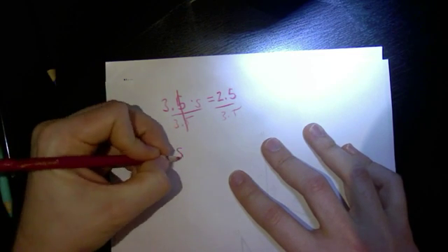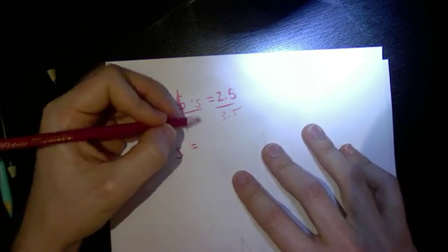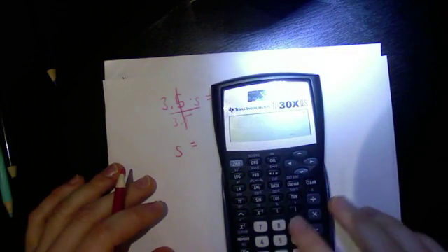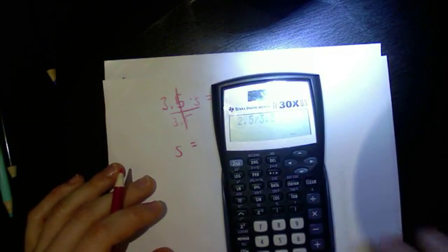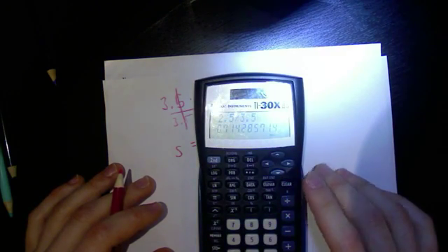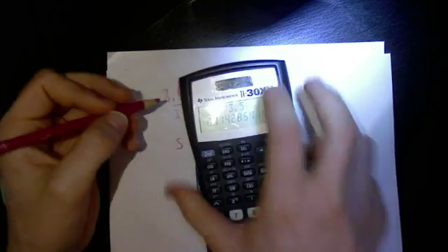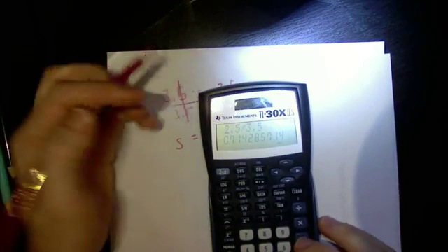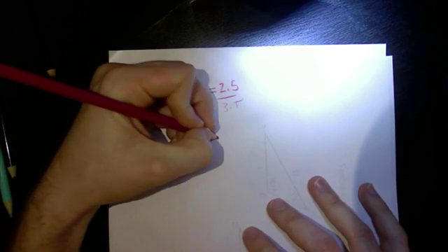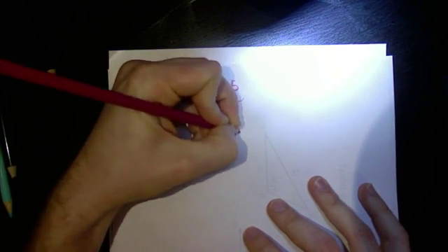I'm left with S is equal to 2.5 divided by 3.5. 2.5 divided by 3.5, I think I already had that on the calculator, is 7.14. Let's start with that. Or sorry, it's 0.714. Scale factor is equal to 0.714.